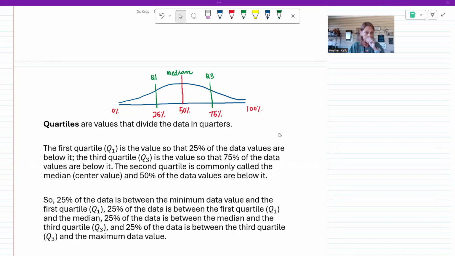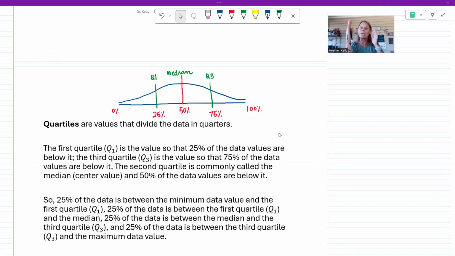Okay, so the first quartile is that first 25%. So starting from 0, that first 25%, that's going to represent quartile 1. And then from quartile 1 to the middle, which we might think about as quartile 2, but we don't call it that. Of course, that would be too easy in math if we called things exactly as they were.